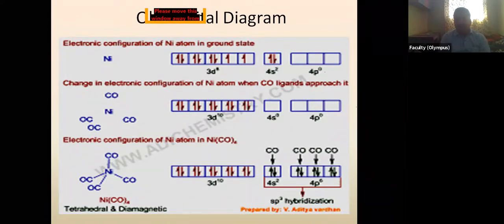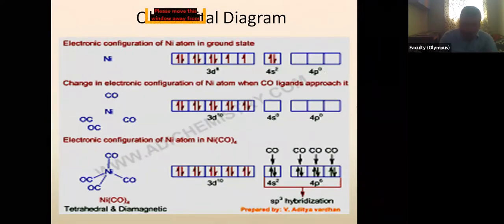What does it mean? If a compound is diamagnetic, then there are no unpaired electrons. We studied this last year in d block elements. If there are unpaired electrons, then the compound is paramagnetic. But this nickel tetracarbonyl is diamagnetic, which indicates there are no unpaired electrons.